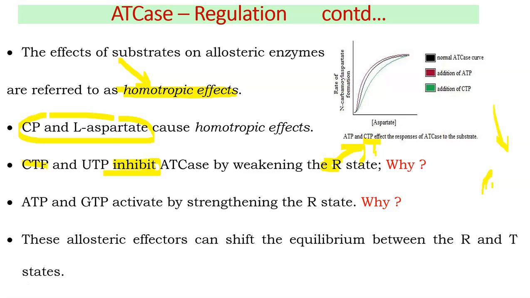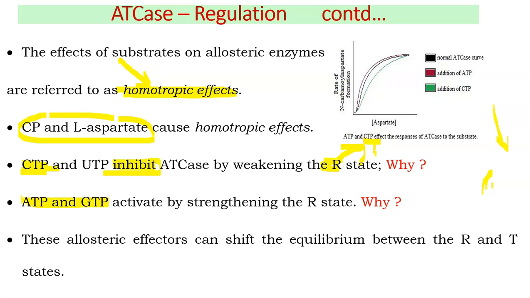When the end product is synthesized in much quantity, it goes and binds the first reaction, saying that I am produced in enough amount, there is no need to produce the same molecule. That is why it inhibits its own synthesis, called the feedback mechanism. That is why CTP and UTP act as negative allosteric effectors, or inhibitors. Whereas ATP and GTP activate, strengthening the R state.